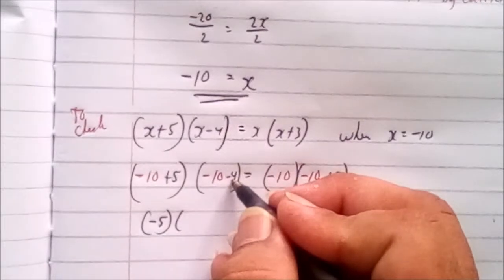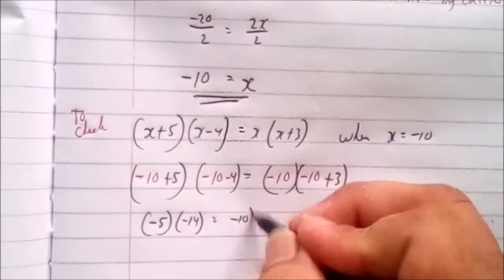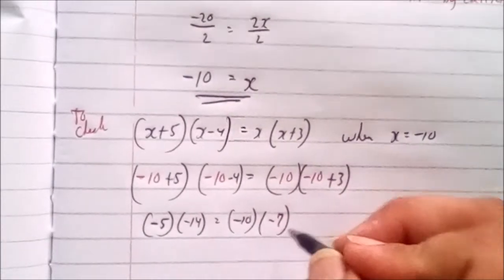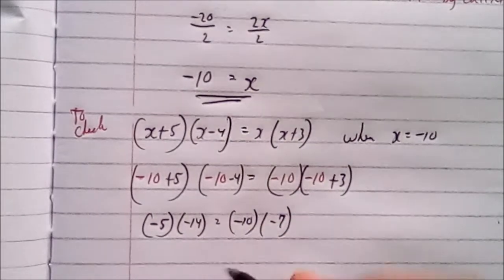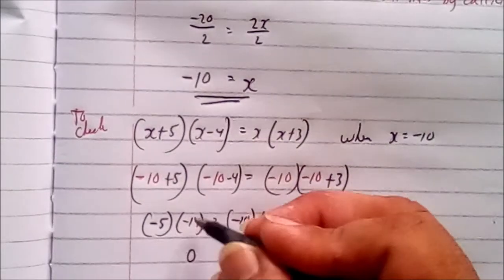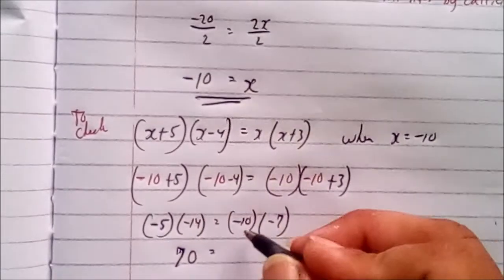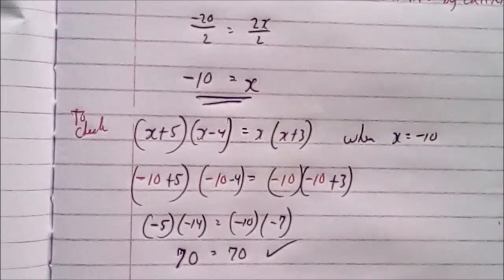Negative 10 minus 4, negative 14. Negative 10 plus 3, negative 7. Negative 5 times negative 14 is positive 70, equals negative 10 times negative 7, positive 70. So our answer is correct.